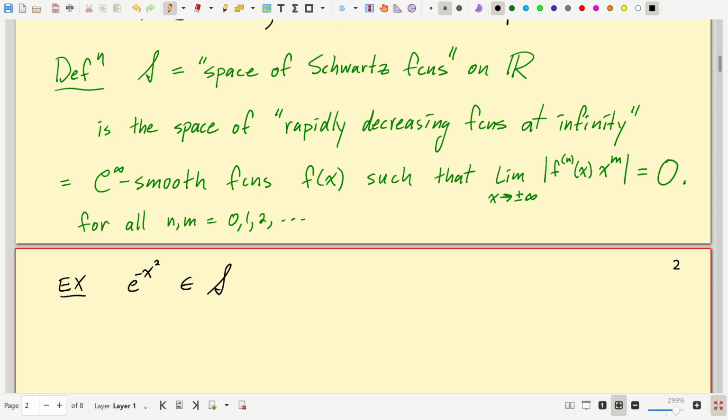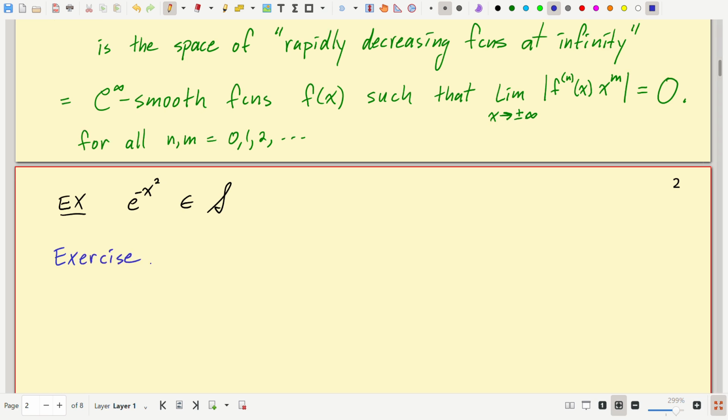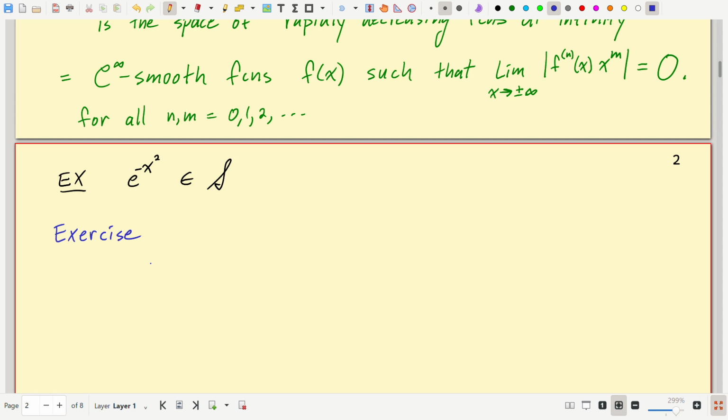And it's integrable, even if I differentiate it and multiply by polynomials. It's a pretty simple exercise. I won't do it. In fact, you'll notice I'm not going to do all the details in some of the things I say today, because I just want you to understand the main points about Fourier inversion.